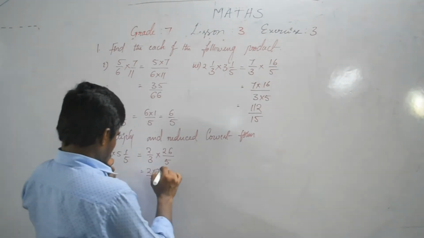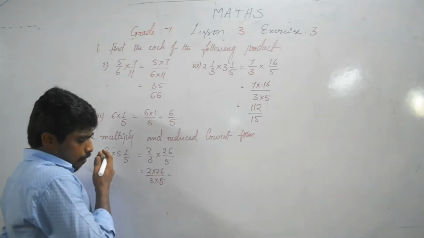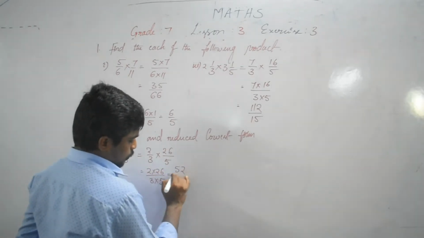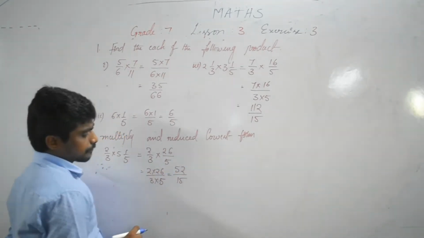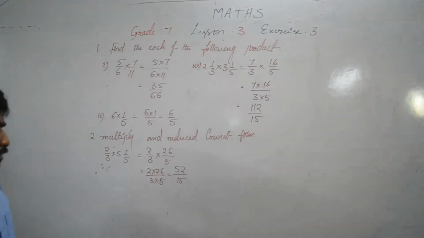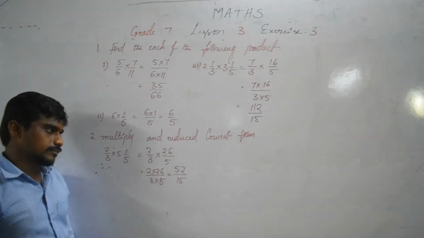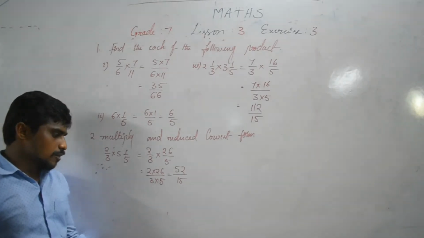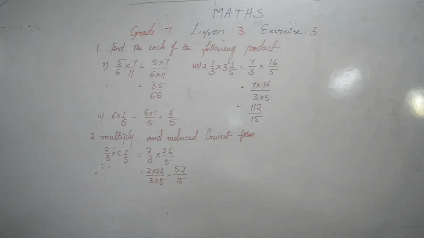So 2 26s are 52 by 15. Do these both come in any table? Cancellation for 52 by 15? No.